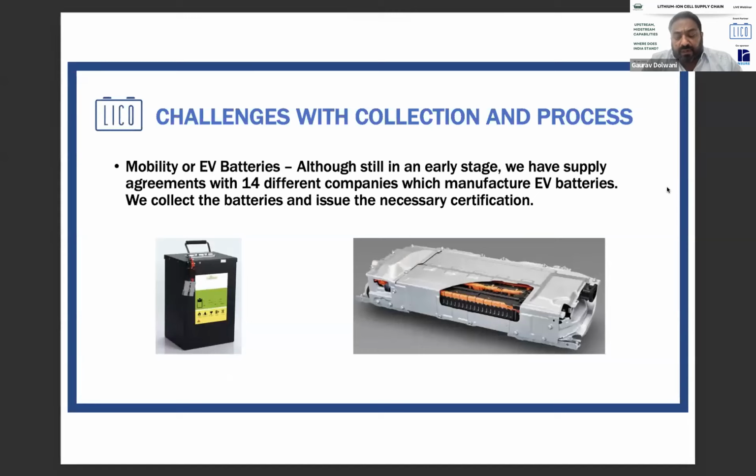And then the third and the most prominent one that we read a lot about these days is mobility or electric vehicle batteries. Although it's still at a very early stage, we have supply agreements with 14 different companies that manufacture EV batteries. We collect the batteries and issue the necessary certification, again, as per the EPR guidelines. This is a typical image of what a 2-wheeler or a 4-wheeler battery would look like.